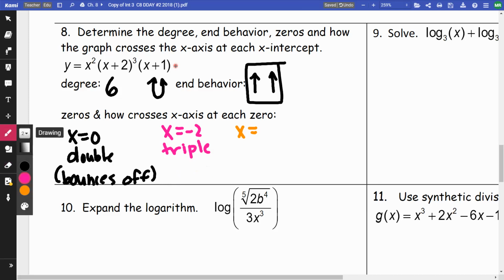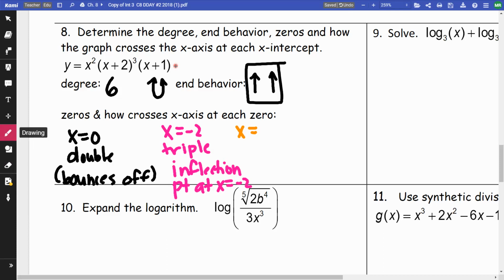Well, I'll just say it has an inflection point at x equal -2. Okay. And then my x equal -1 is a single root. And so this one just goes through. Okay. The second one goes through, but it goes through with this type of a shape with an inflection point on the x-axis at -2.